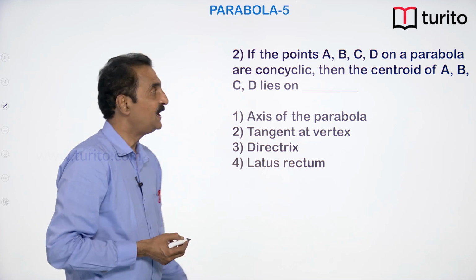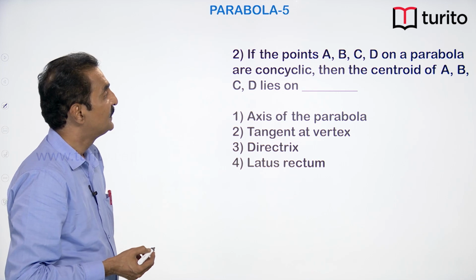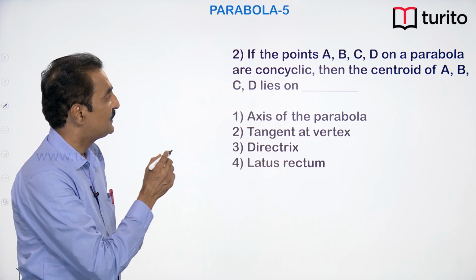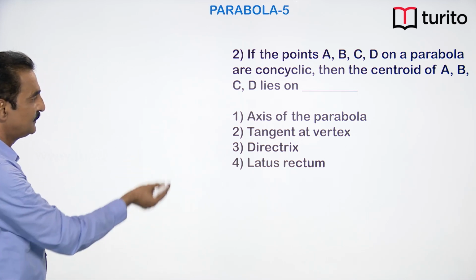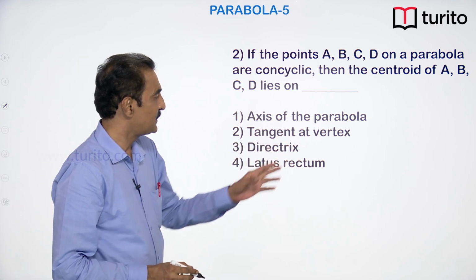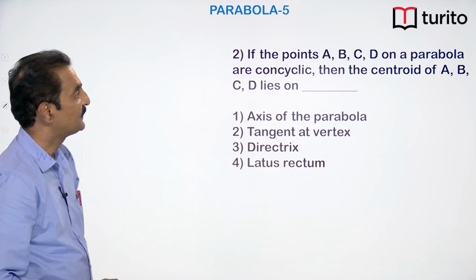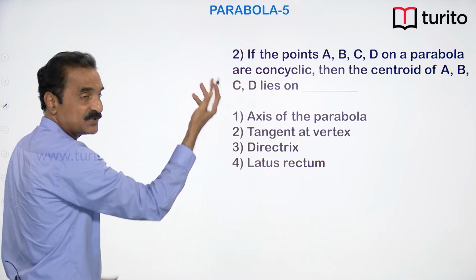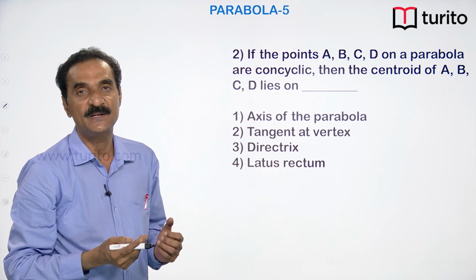The points A, B, C, D on a parabola are concyclic. Then the centroid of ABCD lies on: axis of the parabola, tangent at vertex, directrix, latus rectum. Four points on a parabola are concyclic. The equation of the parabola is not given. So, we will take the standard form y square is equal to 4ax.